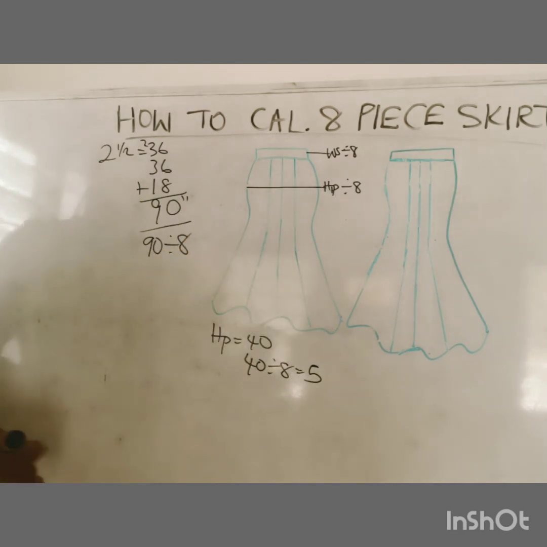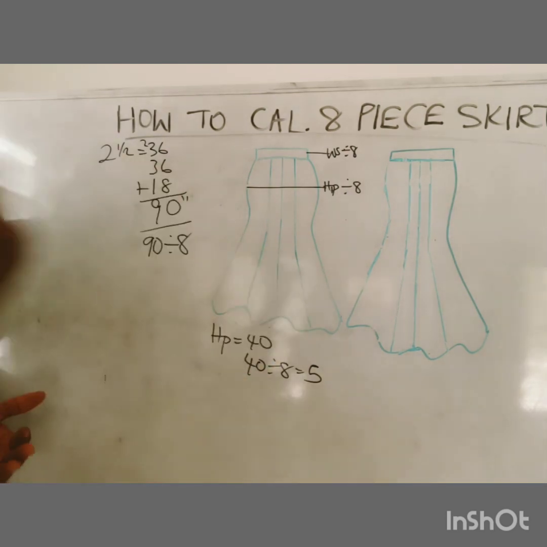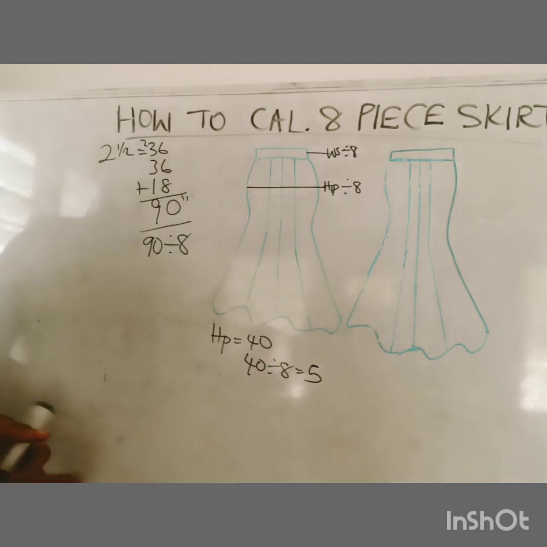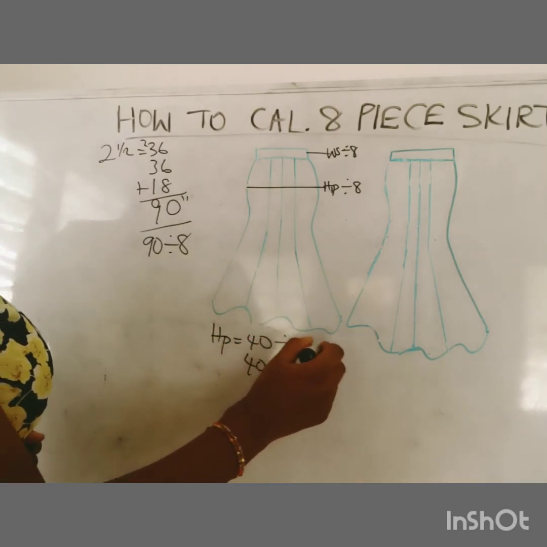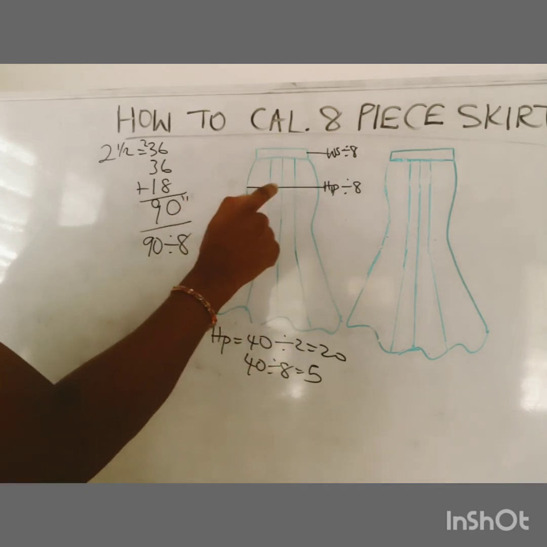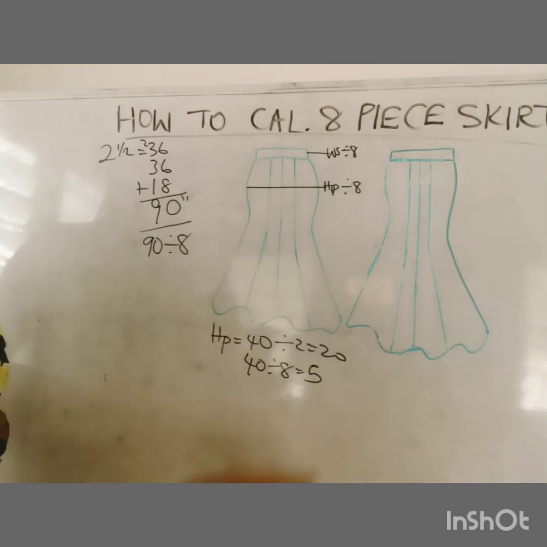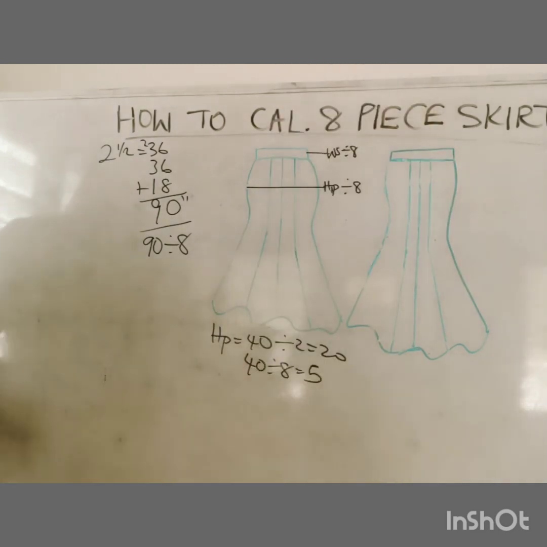And you know, in a skirt we usually have the front and then the back. So 40 divided by 2 will be 20. So if this represents the front, that means you have 5, 10, 15, 20. And if this represents the back, you also have 5, 10, 15, 20.